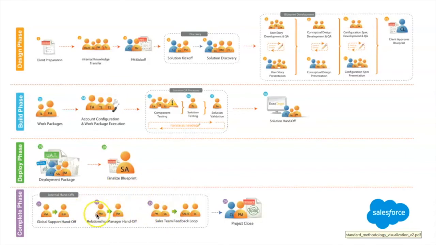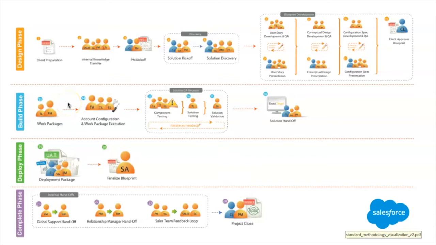And then there's a relationship manager handoff and sales team feedback loop. So these are mostly relevant to when Salesforce is directly involved or a consulting firm is directly involved. These are some of the steps which take place and the project is closed.